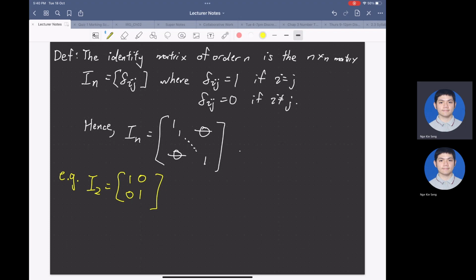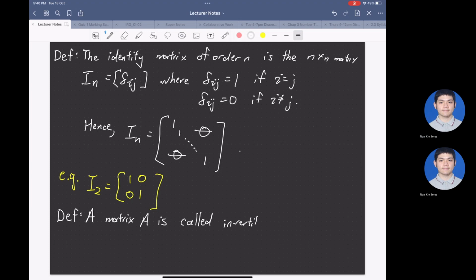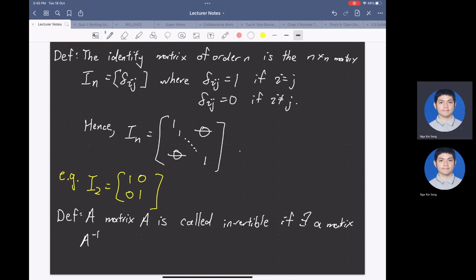Next, just now we mentioned that a function is invertible. A matrix also can be invertible. A matrix A is called invertible if there exists another matrix, A inverse, such that A times A inverse equals the identity and A inverse times A equals the identity.